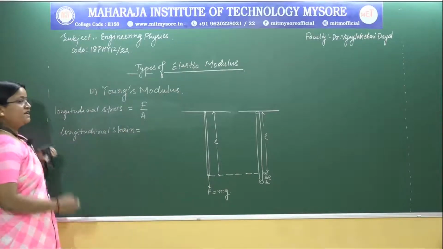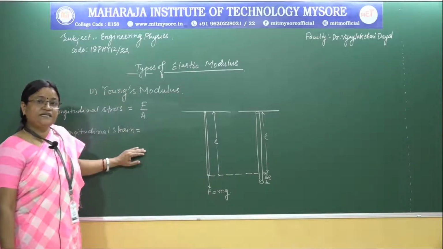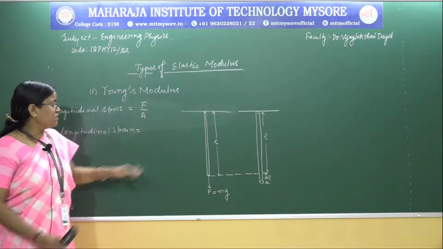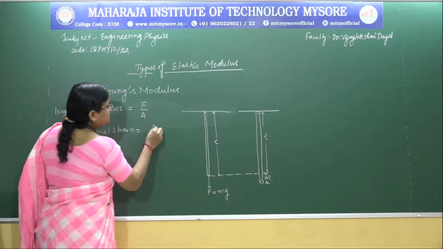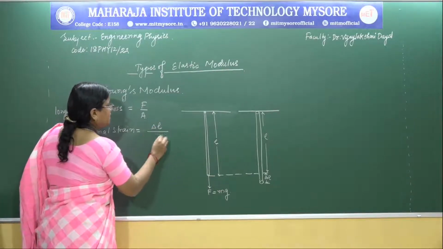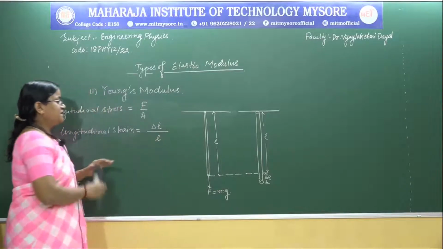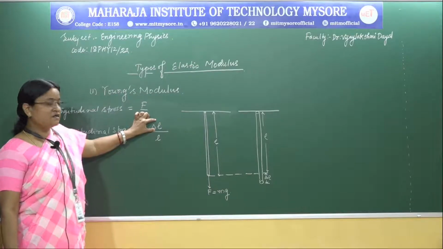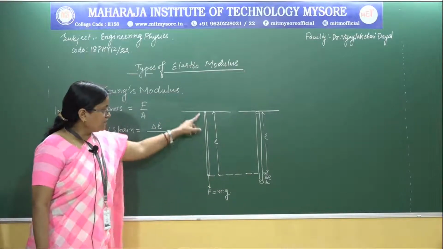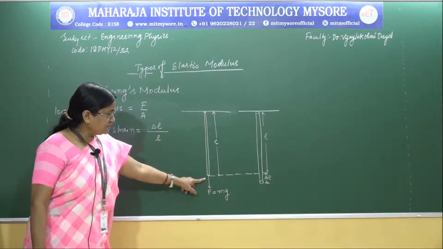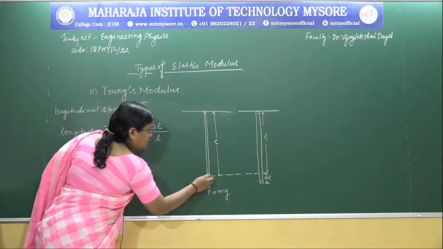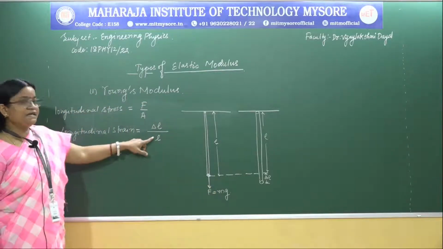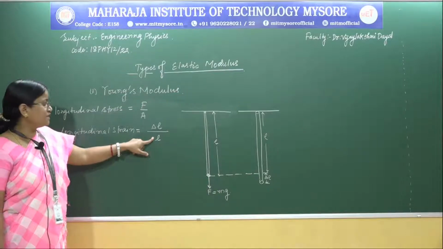As per the definition, strain is the change in dimension by the original dimension. Here the change in dimension is delta L and the original dimension is L, where delta L is the change in the length of the wire when the force is applied on the cross section of the lower end of the wire, and L is the original length of the wire.